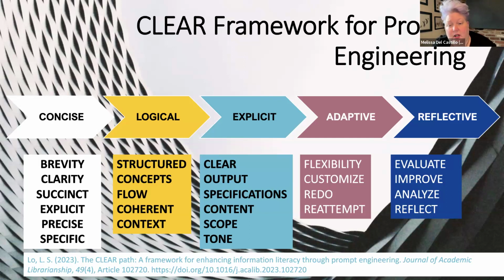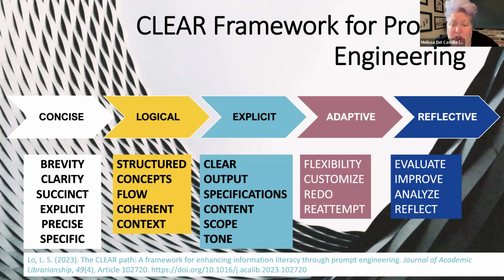So of course, the first one is being concise. This is something that we've talked about over and over, being able to use the keywords. And this is something that we do as librarians when we create search strings. We're looking for those keywords that will be succinct in finding the research that we're interested in. Also, being logical, and what that means is structuring it, saying write a 5-paragraph essay on, or give me an academic journal title.